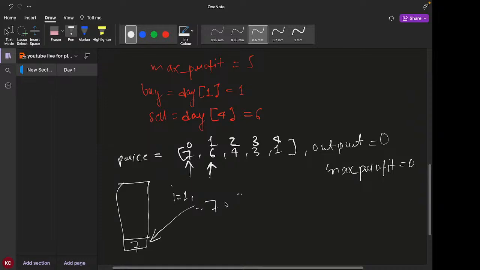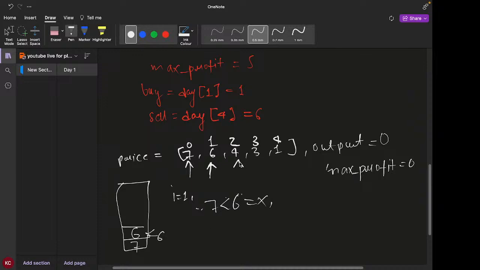Is 6 greater than 7? No, so I put it on the stack. Here 6 will be the top of the stack, so I mark the top with 6.